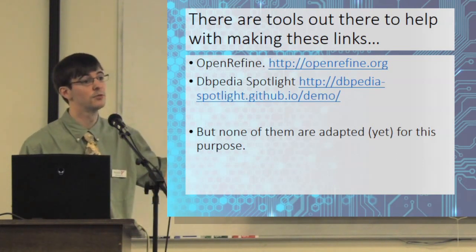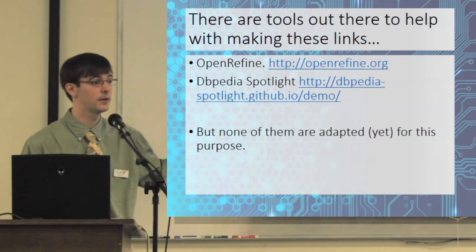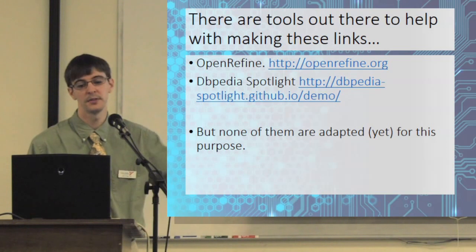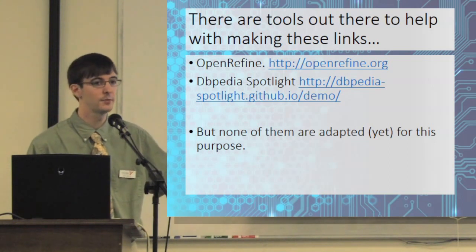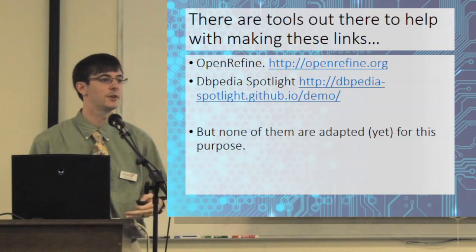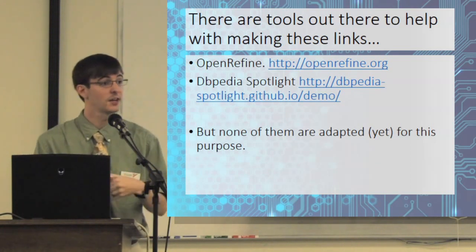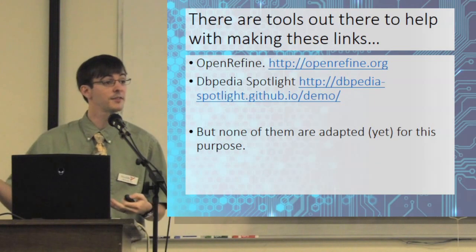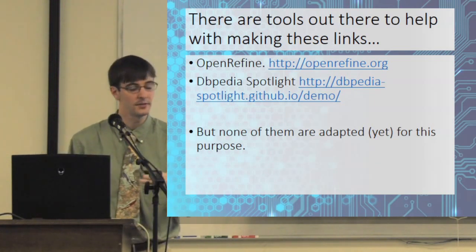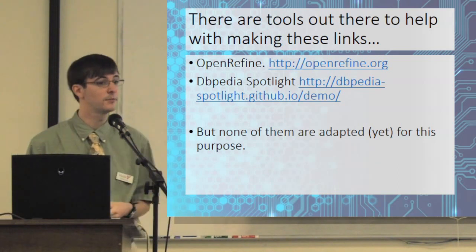OpenRefine is really cool. And also DBpedia Spotlight. OpenRefine tries to link it to DBpedia or Freebase, and DBpedia Spotlight will actually take a paragraph and read from the context and figure out, if you were talking about Texas, it would assume that you were talking about Paris, Texas, rather than Paris, France, because of that context. None of them are really adapted for dictionaries yet.